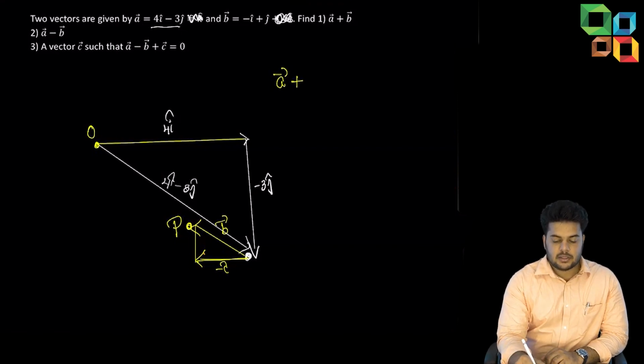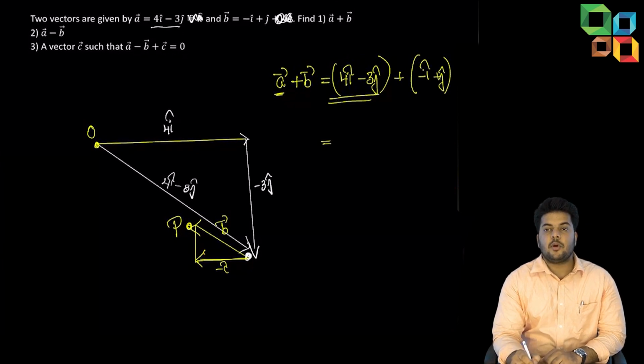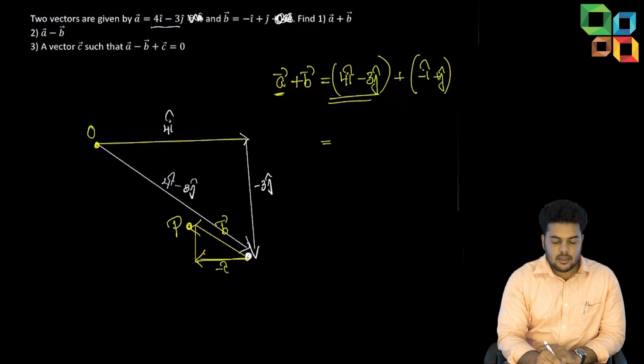So A vector plus B vector: A vector is 4i cap minus 3j cap, and B vector is minus i plus j. So we are counting the number of steps that we walk to the right. In the first case, we walked 4 steps to the right. But in the second vector, we walked 1 step back.